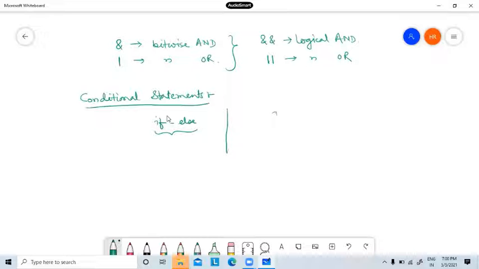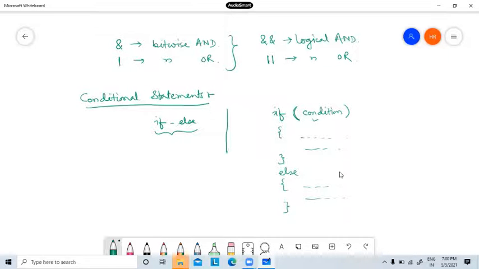I hope you know, but just for revision: first you have to write the if, then you have to give the condition. Then in brackets the statements which will be executed if this is true, and then the else, and the statements which will be executed if the else part is true.